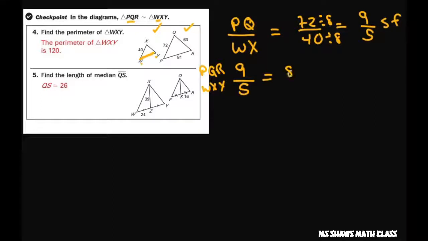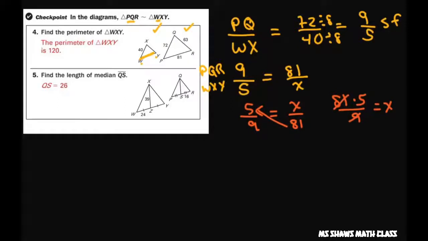So this one's 81, and we're looking for this length. So when you cross multiply, I can rewrite it as 5 to 9 equals X to 81. And I cross up here, I get 81 times 5 divided by 9 equals X. So 9 goes into 81 9 times, so X is going to be 45.